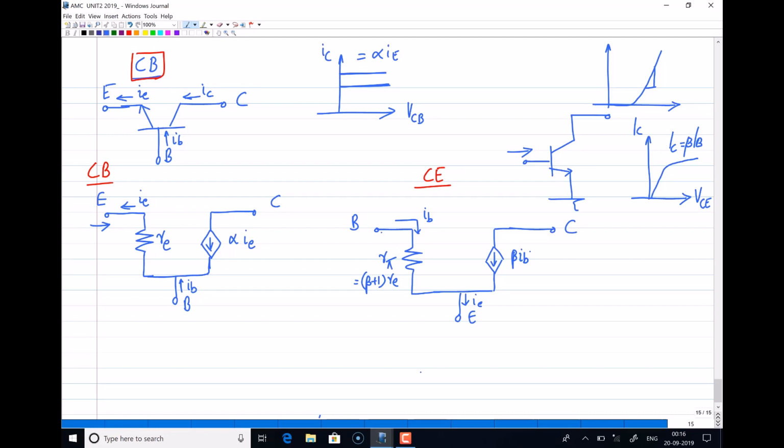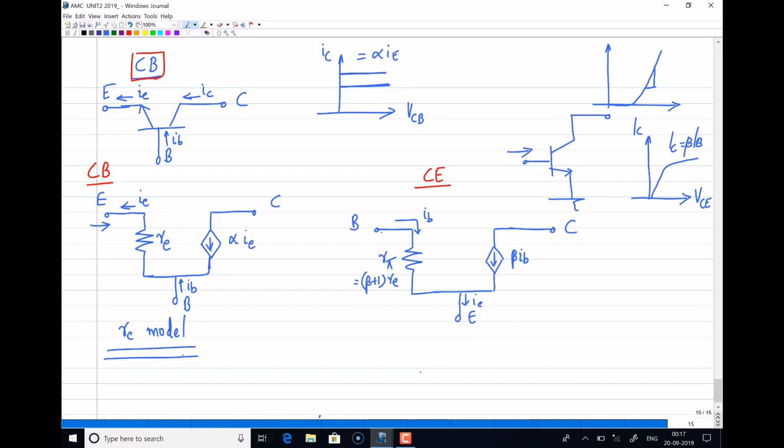configuration. So we have two different models because of the presence of base current, in contrast with the MOSFET. Now, in these two models, this model is known as the RE model because we are representing the transistor in terms of the resistance looking into emitter.